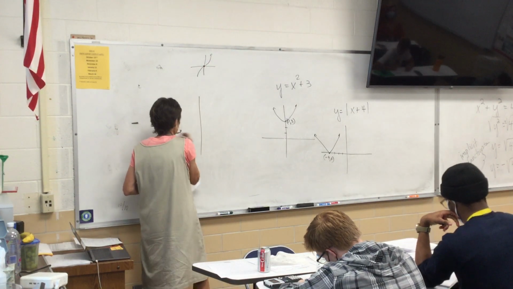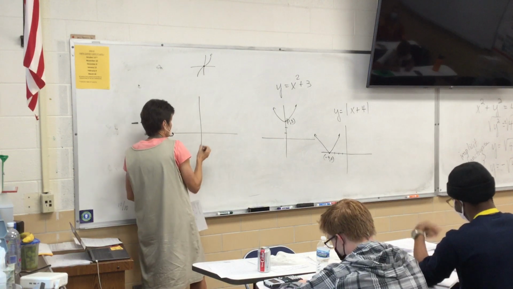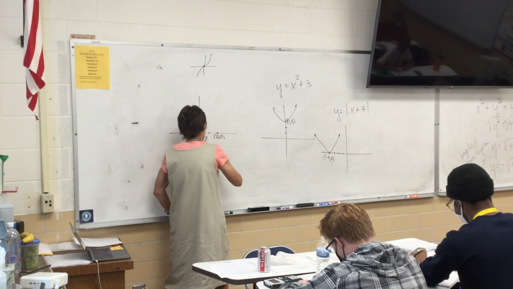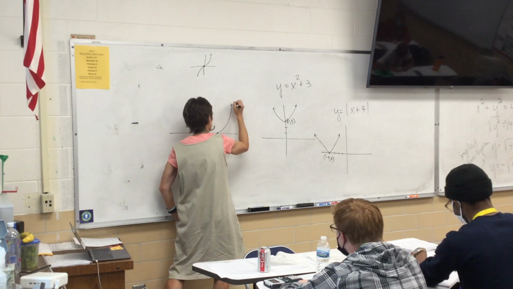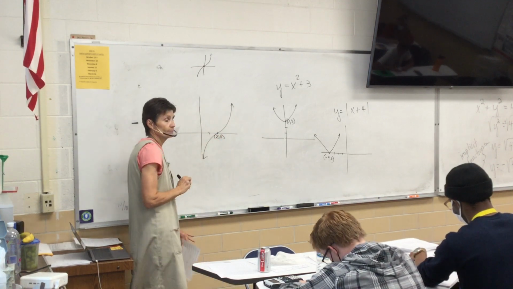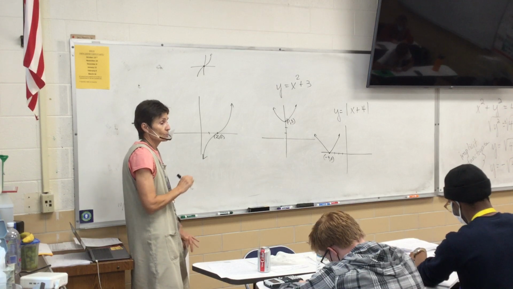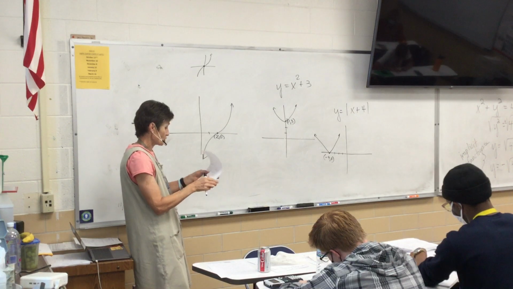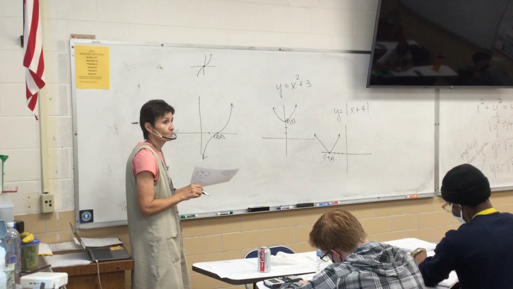Yes. Where is this one going to squiggle? 2 units to the right. So you're going to have your squiggly 2 units to the right. So the shape is the same, we haven't changed anything that way, we just changed the location.